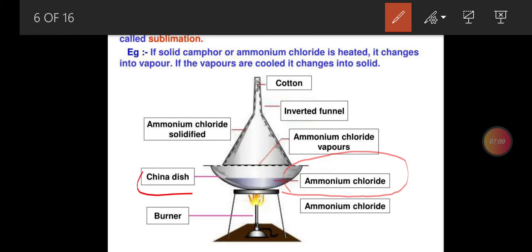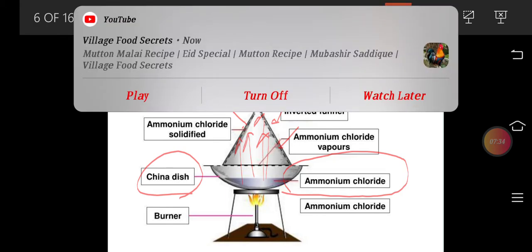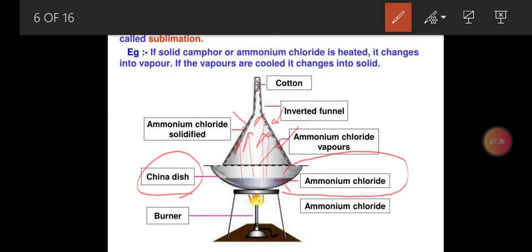As it is heated in the china dish, as soon as the molecules get enough kinetic energy, they directly convert into gas state. There is no liquid formation, and these ammonium chloride vapors are collected at the inner side of this funnel and deposited over here, and when they cool down, they are converted back to solid form. So it is directly converted from solid to gas or gas to solid. All right.